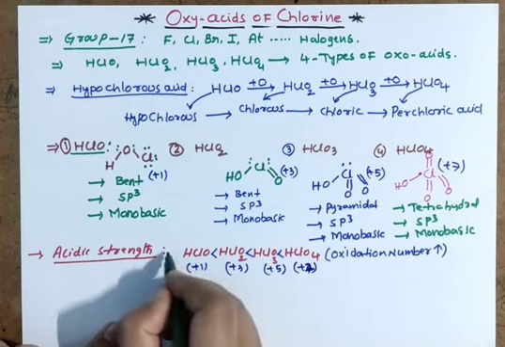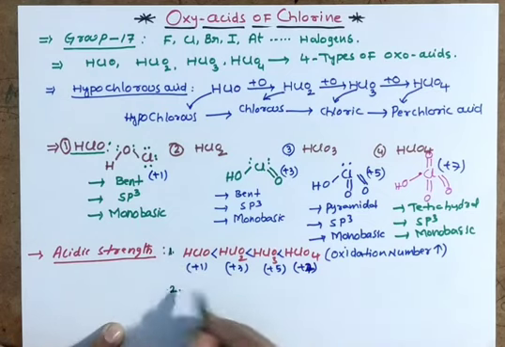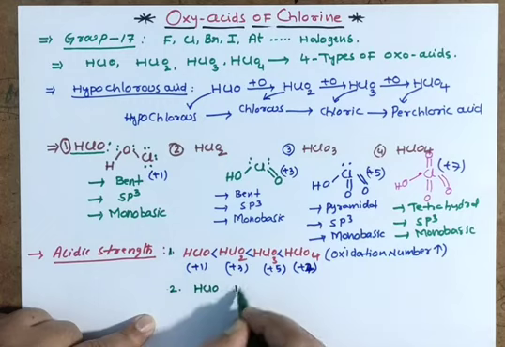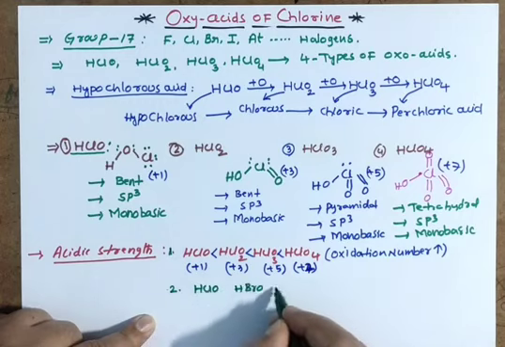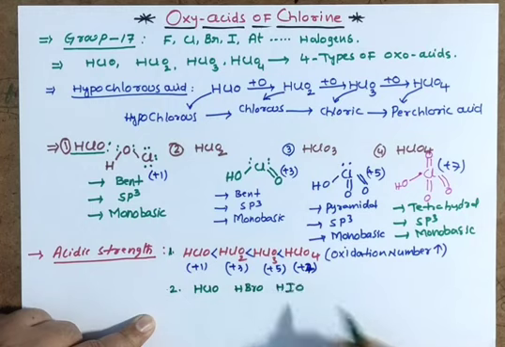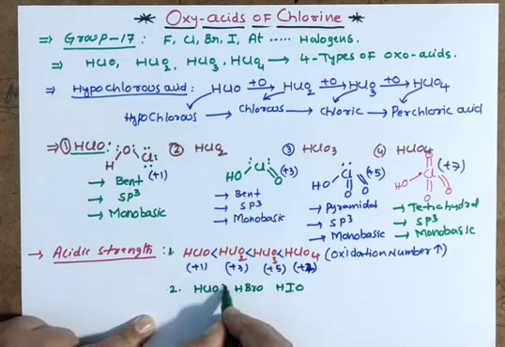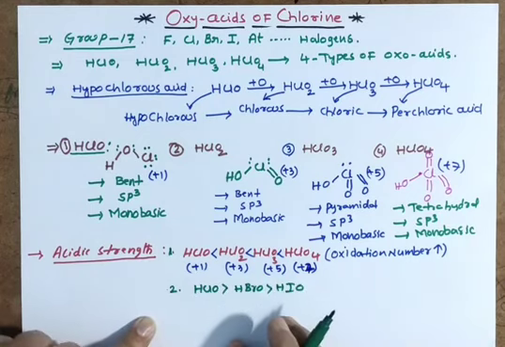This is when the central atom is the same. If the central atom is different, then here I am taking HClO, HBrO, HIO, changing the central atom to chlorine, bromine, iodine. Then acidic strength decreases.